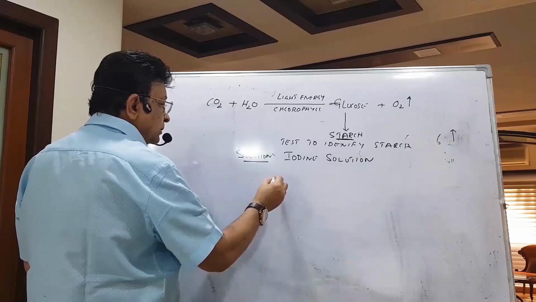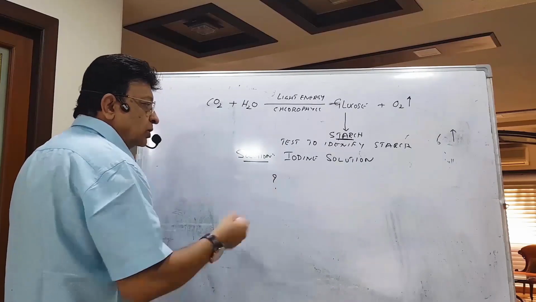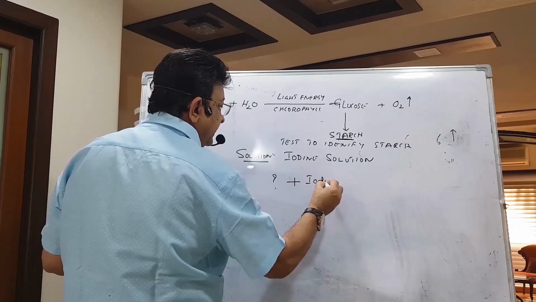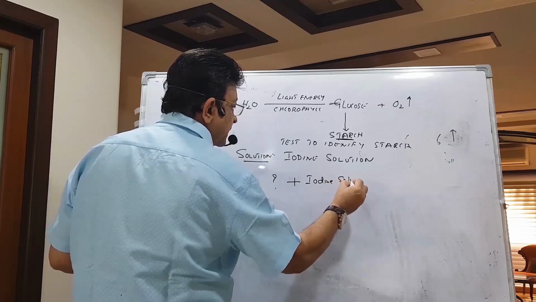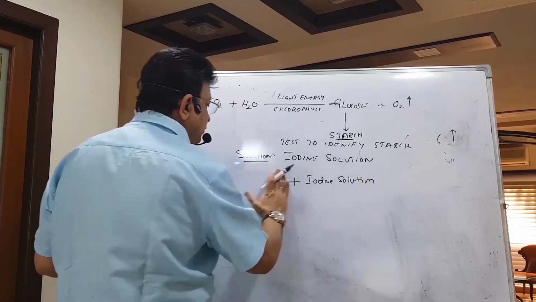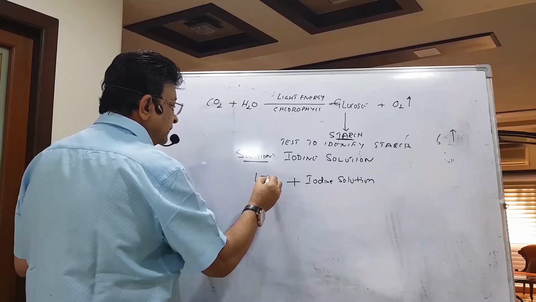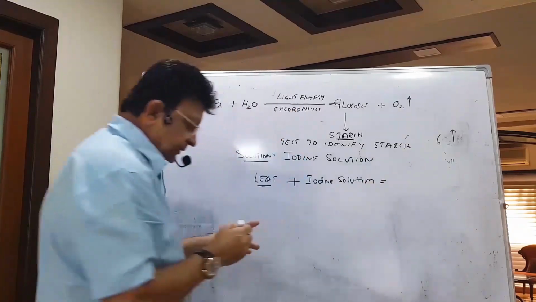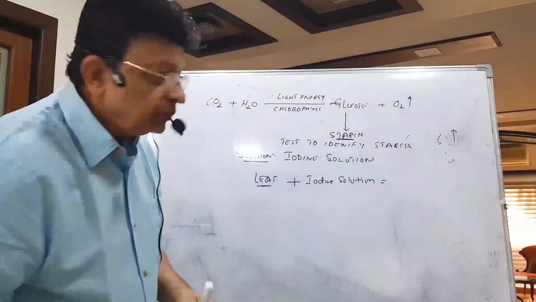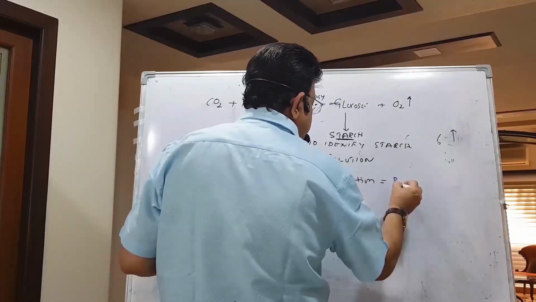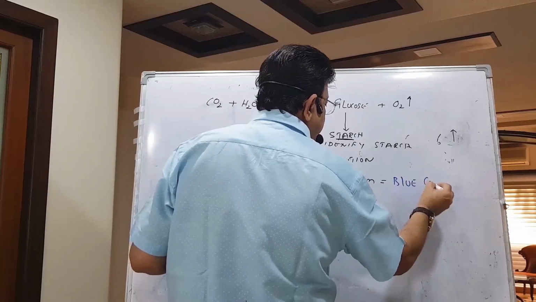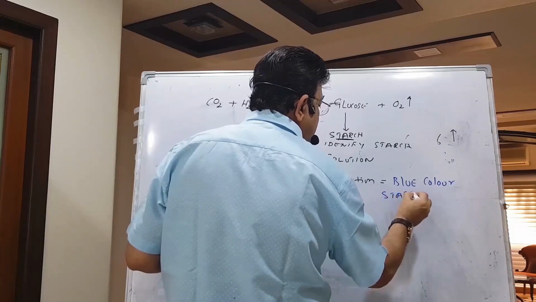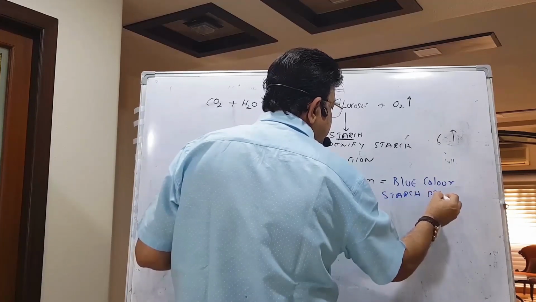So to an unknown substance or on a leaf in our case, if you add iodine solution, so I'll write down here, to a leaf, if you add iodine solution, if you get a blue color, that indicates starch present.